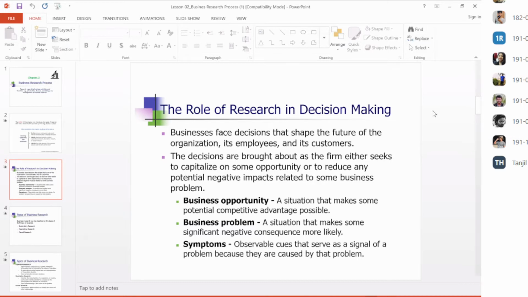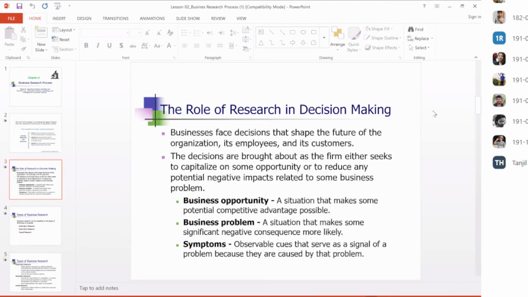Actually, without conducting research or without having proper information, it is quite impossible for you to get a better opportunity as well as to solve any business problem.